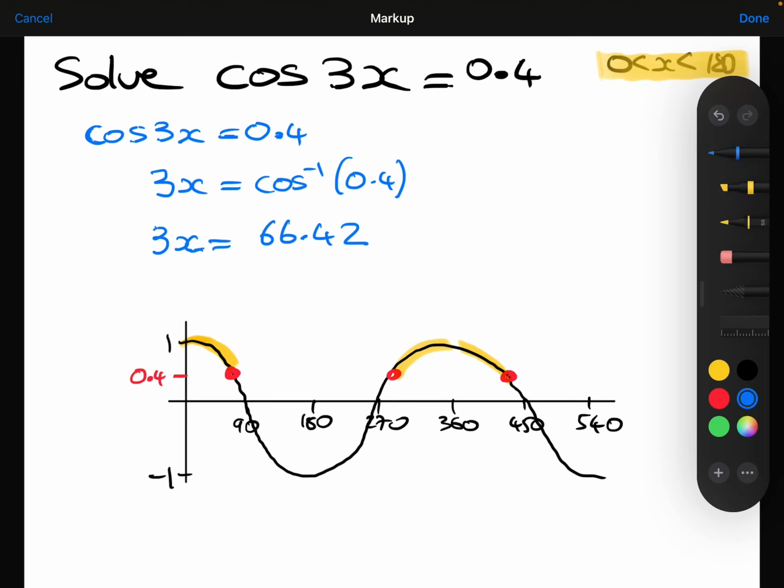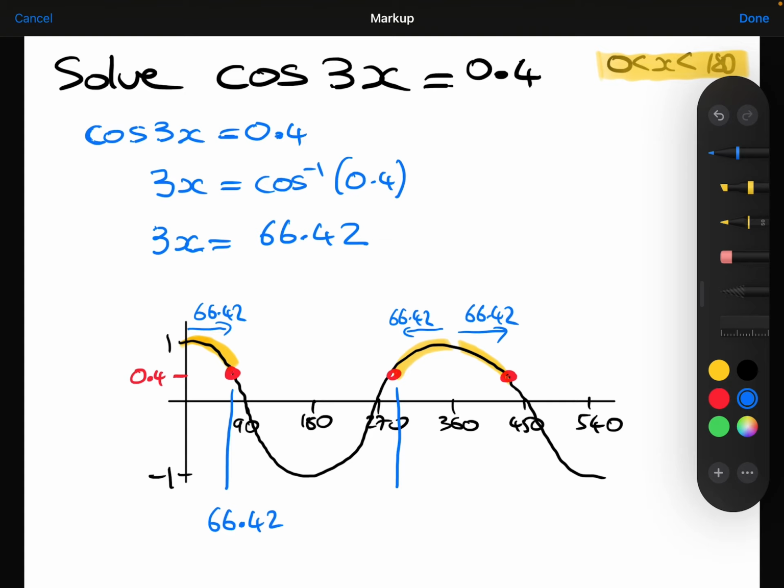The calculator has told me that this is 66.42. So I know that this is 66.42. And this is 66.42. So my three answers are 66.42.